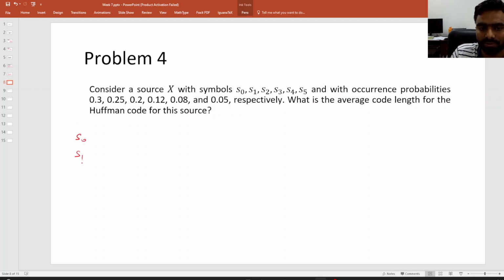Directly S0, S1, so it will be 0.3, 0.25, 0.2, 0.12, 0.08, 0.05.